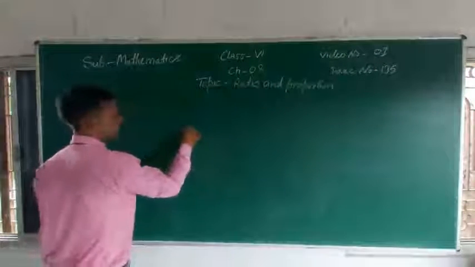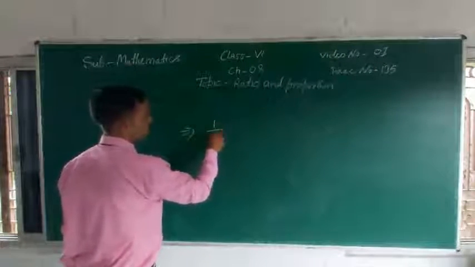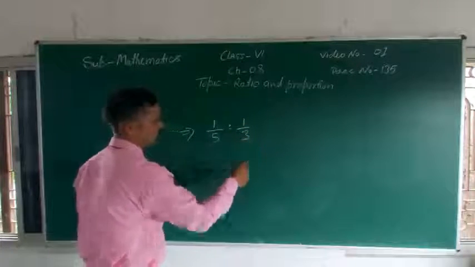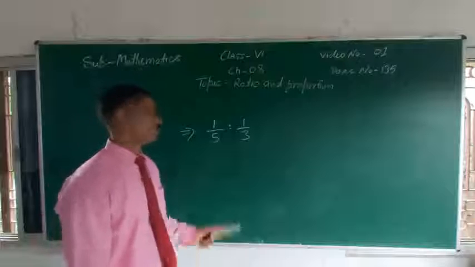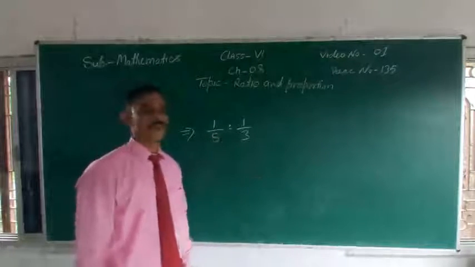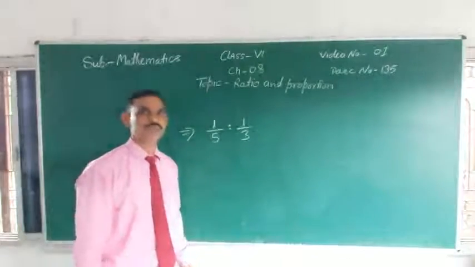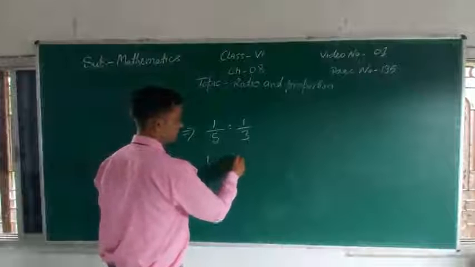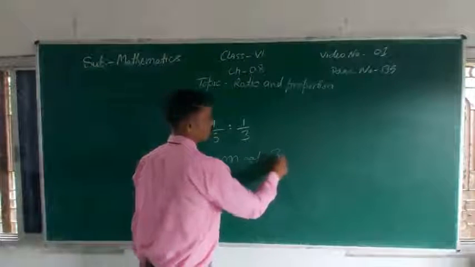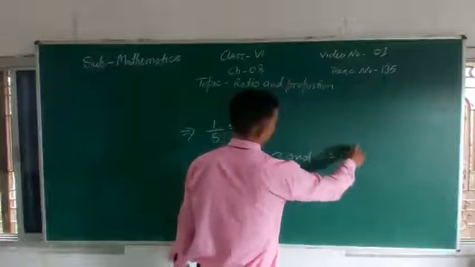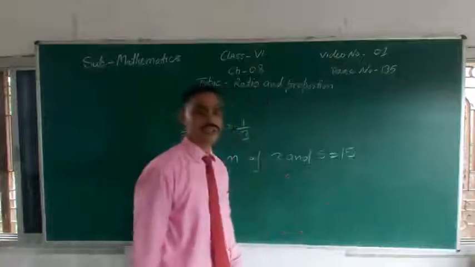A ratio is 1 by 5 ratio 1 by 3. Now both terms of this ratio are fractions. Then what will we do? The LCM of 3 and 5 is equal to 15.